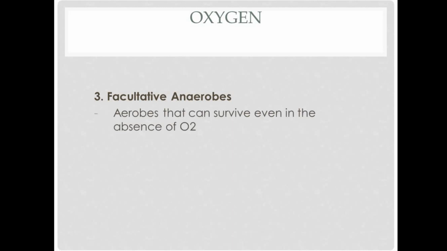So next, we have also the facultative anaerobes. So aerobes that can survive even in the absence of oxygen. So even without oxygen, some organisms may also live. Okay? Kahit walang oxygen, mabubuhay pa rin sila. So they are called facultative anaerobes. Examples of this are Staphylococcus, Streptococcus, and Enterobacteriaceae.